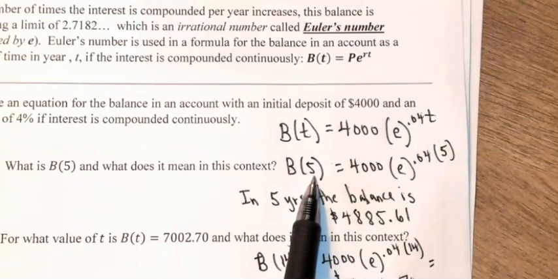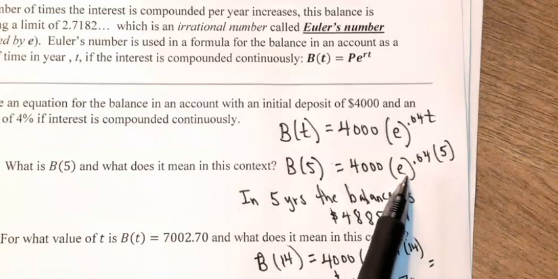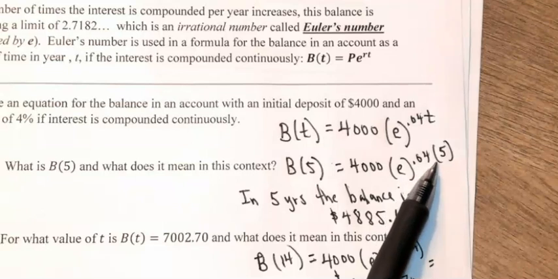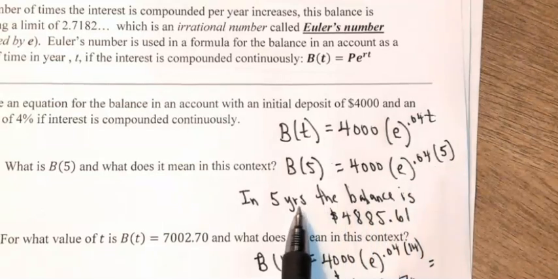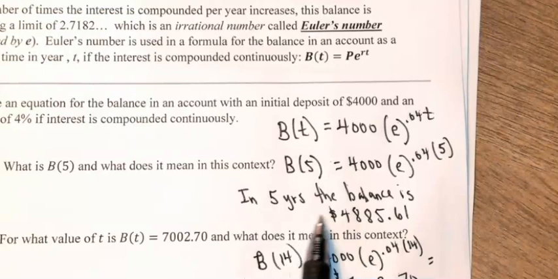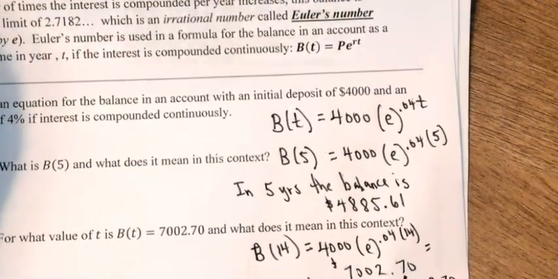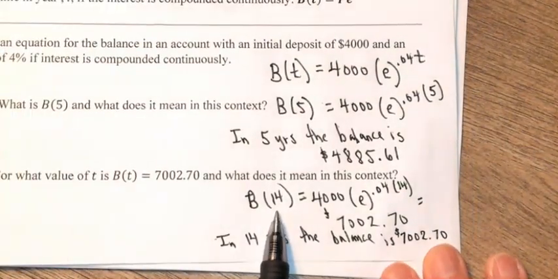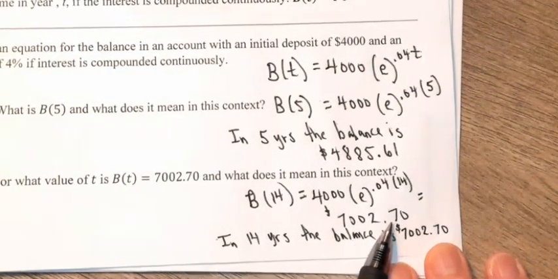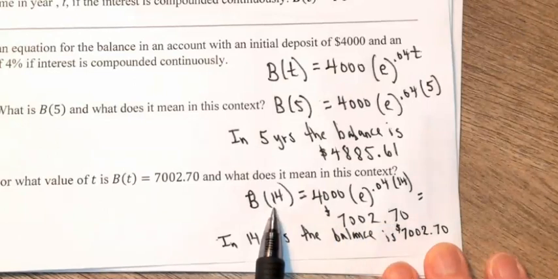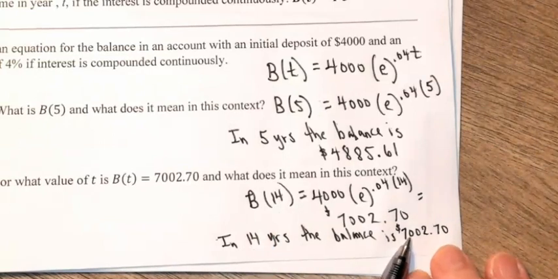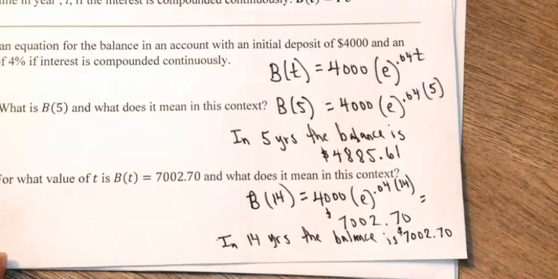And then we plugged in a 5, very simple, $4,000 times Euler's number raised to the 0.04 times 5, which gave us this amount. So in 5 years, the balance is $4,885.61. And then finally, we didn't know 14, but we knew the output. So we drew a horizontal line across our graph to find our input, which was 14. And so we now know in 14 years, the balance is $7,002.70.